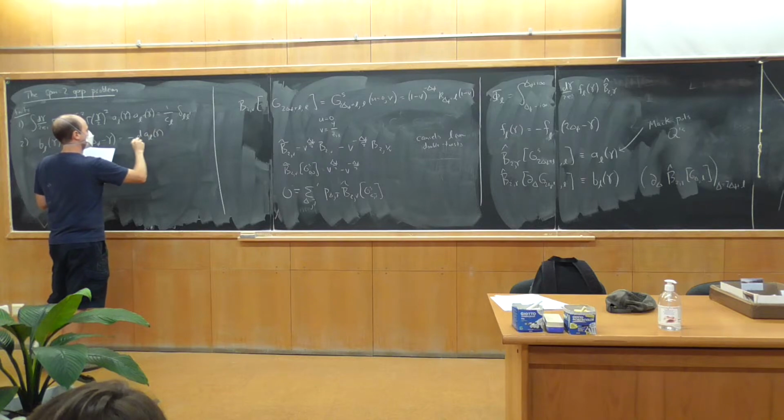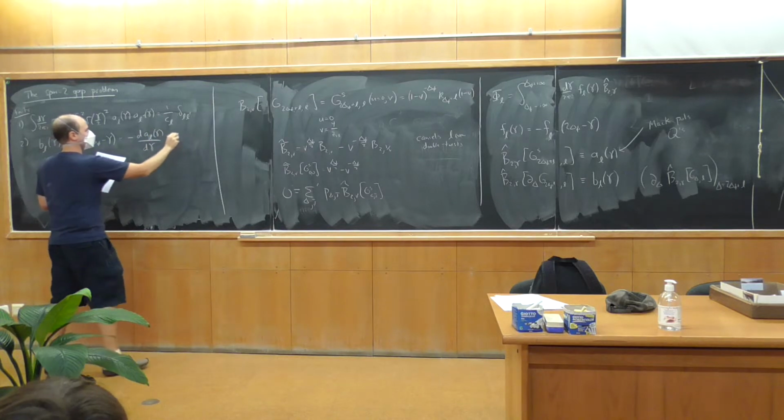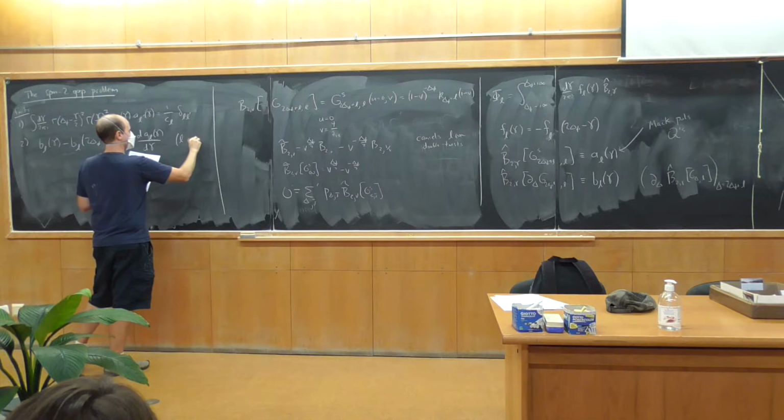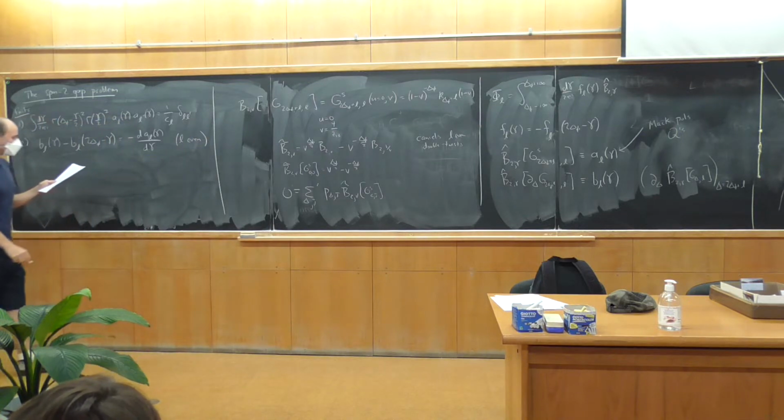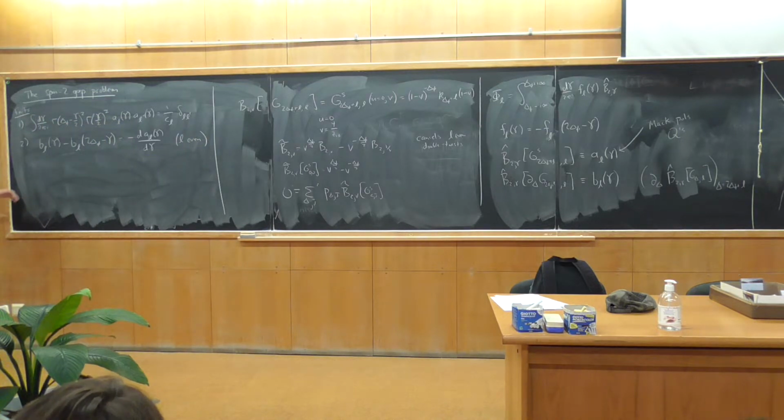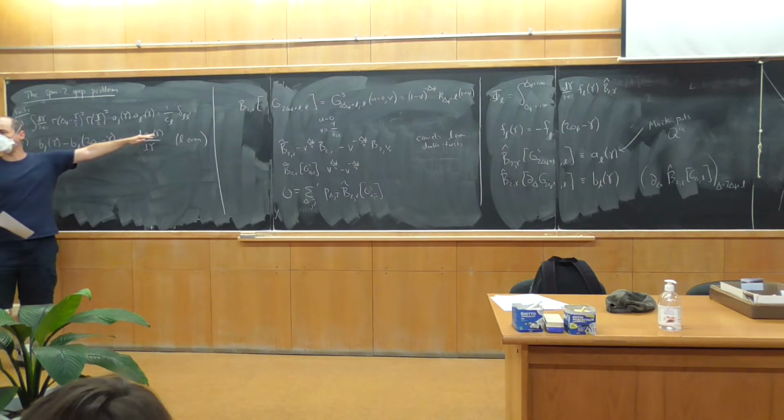Okay, so for even L, there's an identity relating the B_Ls to the A_Ls.